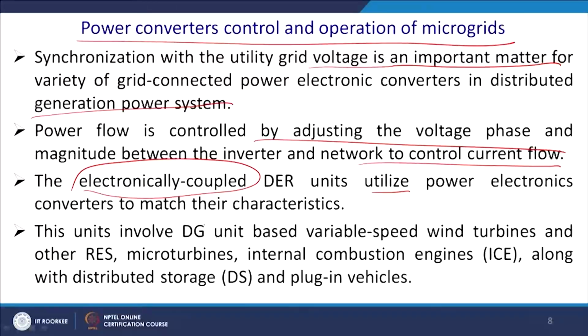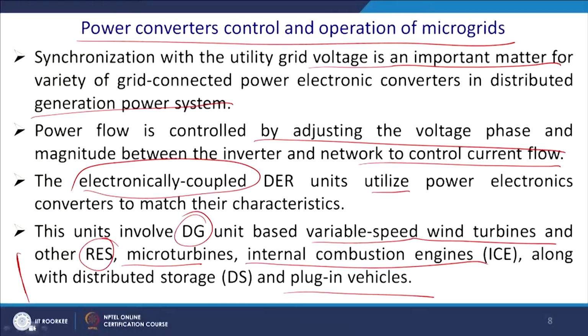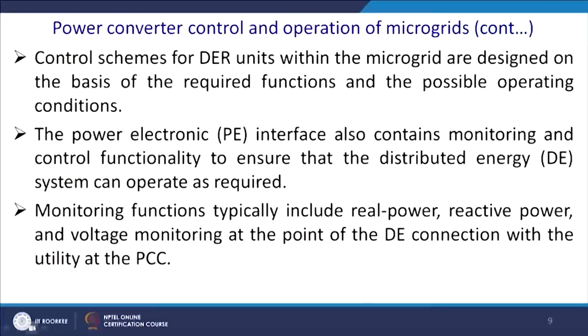These units involve distributed generator units based on variable speed wind turbines and other renewables, micro turbines, internal combustion engines sometimes, or a generator along with distributed storage, maybe batteries and plug-in electric vehicles, all coming into the picture of the microgrid as entities. So, the control scheme of DES within the microgrids is designed on the basis of the required functions and the possible operating conditions.